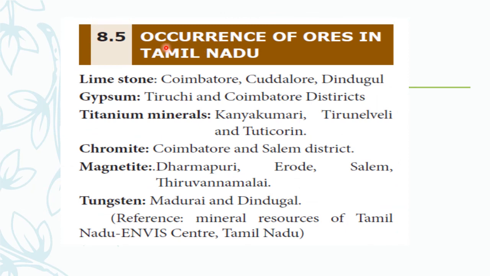Next, we'll see occurrence of ores in Tamil Nadu. First, limestone: Coimbatore, Cuddalore, Dindigul. Gypsum: Trichy and Coimbatore districts. Titanium minerals: Kanyakumari, Tirunelveli and Tuticorin. Next, chromite: Coimbatore and Salem district.